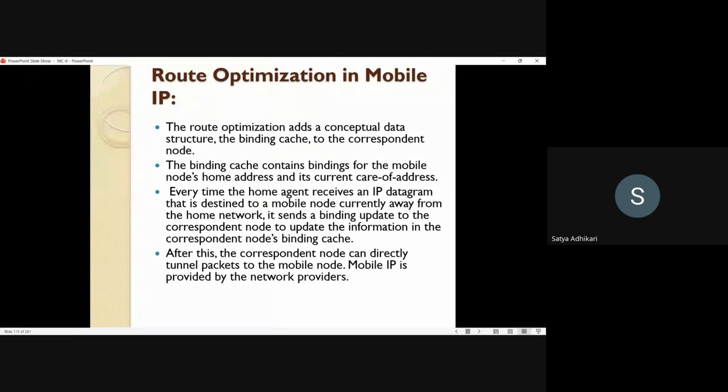So after this, the corresponding node can directly tunnel packets to the mobile node, and mobile IP is provided by the network provider.